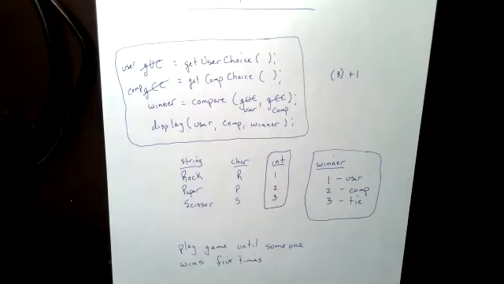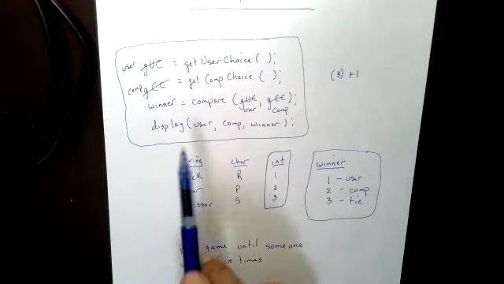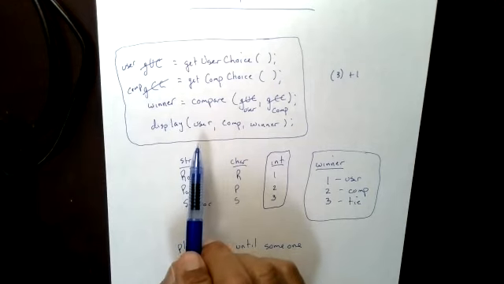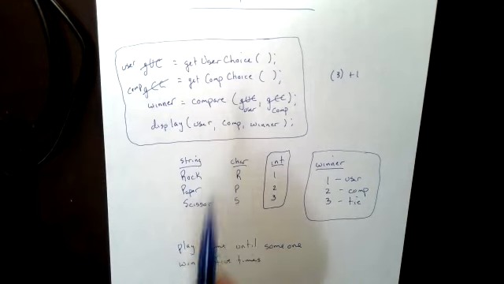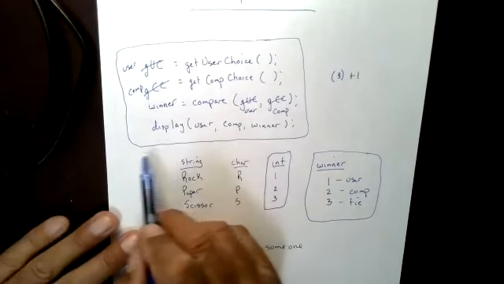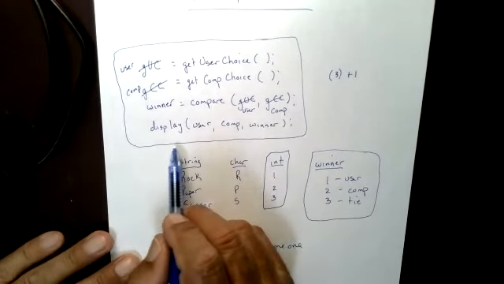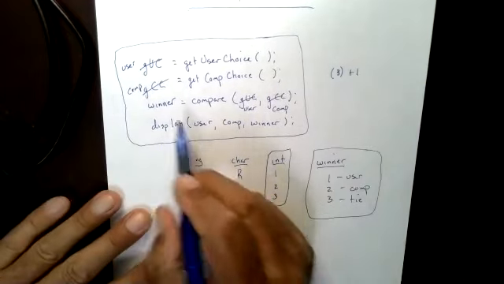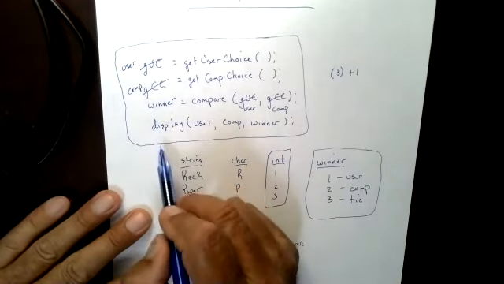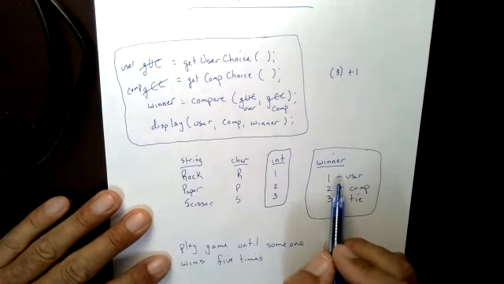Okay. Once that's done, I want to put this in a loop until either the user wins 5 times or the computer wins 5 times. So somehow or other, we may need another function that will display the number of wins. When I come out of here, if winner is a 1, I add 1 to user wins.